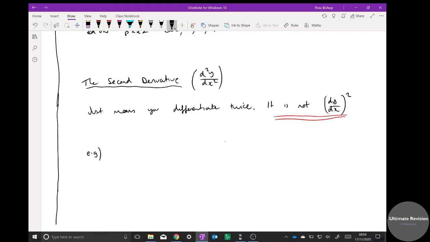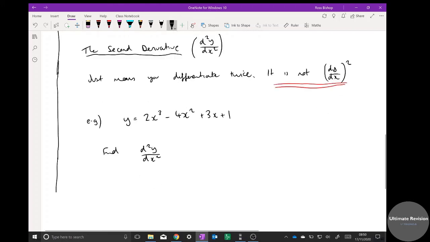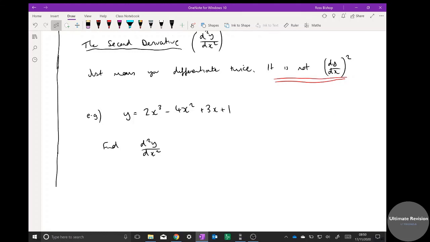So y equals 2x cubed minus 4x squared plus 3x plus 1. Find d2y over dx squared. That could be the question. Find the second derivative. This is known as the second derivative.